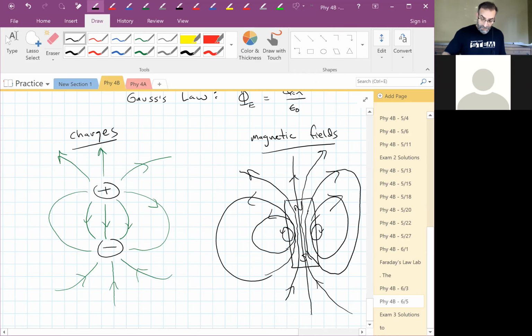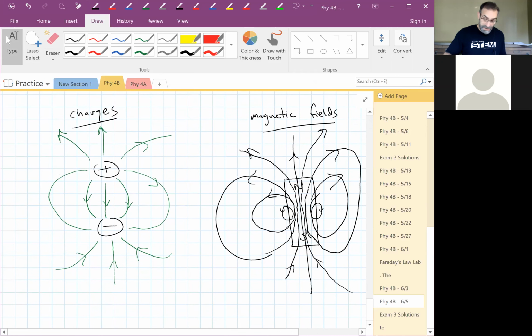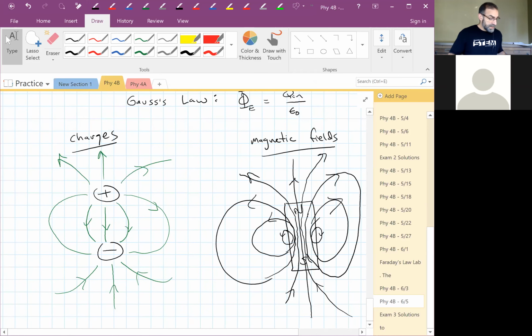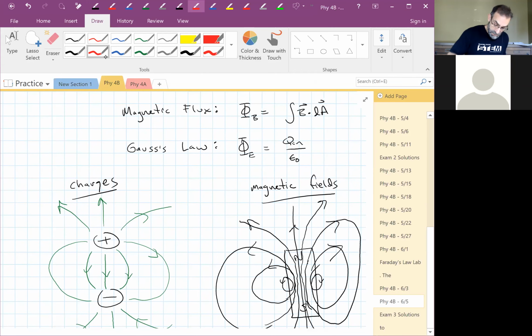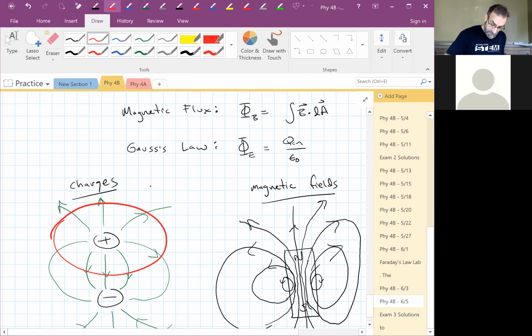All right, so there's our magnet. If we pick some path here, I'll use red. Pick some path, then we can say that the flux, the net flux, is proportional, right, to the charge enclosed.